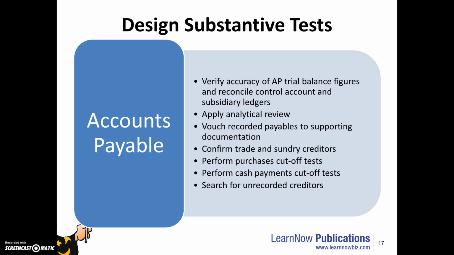We now look at the next subsystem, accounts payable. These are some of the tests that can be performed. We verify the accuracy of the accounts payable trial balance figures, apply analytical review, voucher recorded payables, confirm trade and sundry creditors, perform purchase cutoff test, cash payments cutoff test, search for unrecorded creditors.